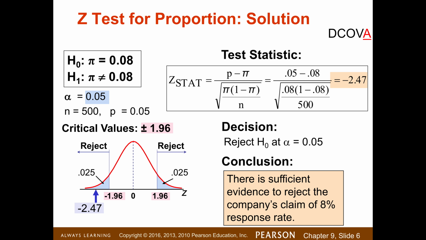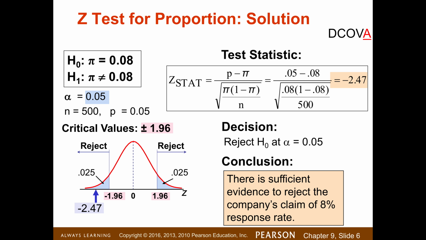Again, that tells us what? Our sample data of 5% response rate is 2.47 standard errors below the claim of 0.08 in our null hypothesis. So negative 2.47 falls in that left tail.